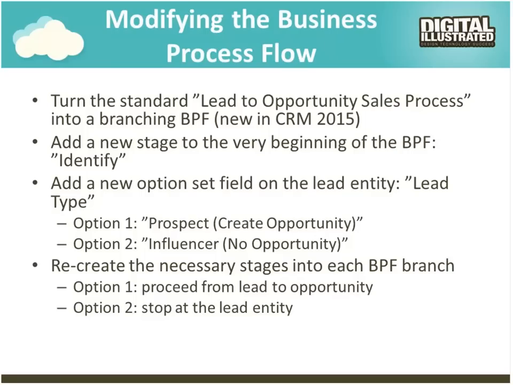So we'll add a lead type field with two options that users can choose from. The first one will be the standard process, the prospect, which will create an opportunity, but then we'll add option 2, which is the influencer path. By choosing that branch, there will not be an unnecessary opportunity created as a result of the lead qualification action.